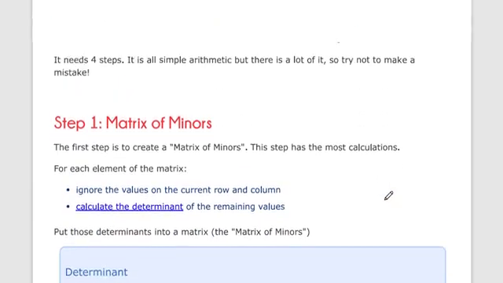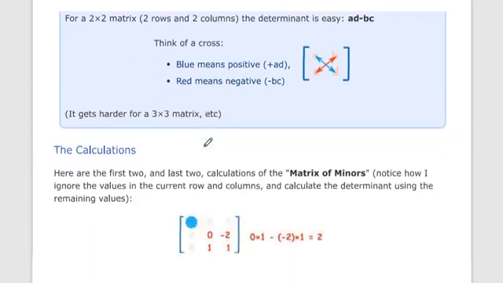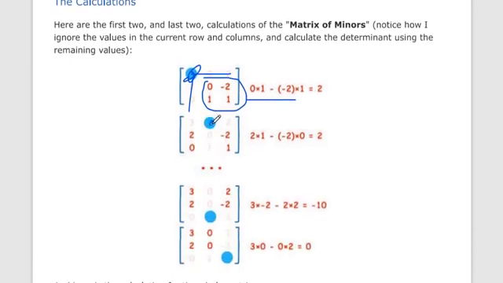so first of all we have to make a matrix of minors. How do we make a matrix of minors? First of all we take the first row, first column, ignore that row and column, then this is a minor matrix, then find its determinant. Okay, second row, second column, this will become a 2 by 2 matrix, find its determinant.